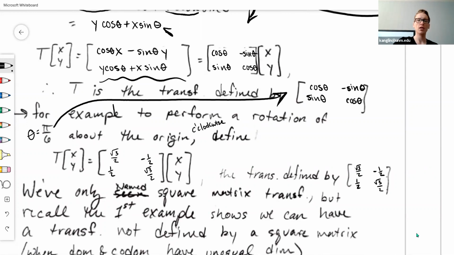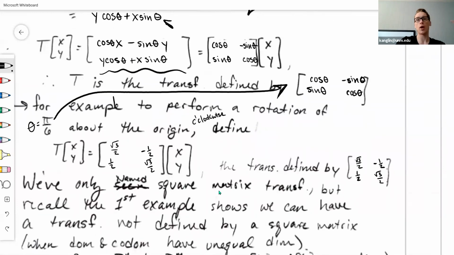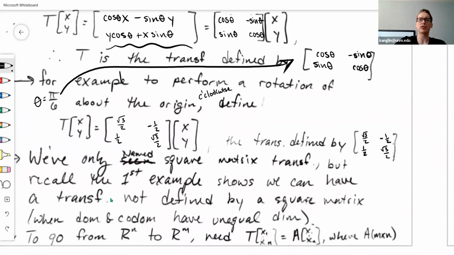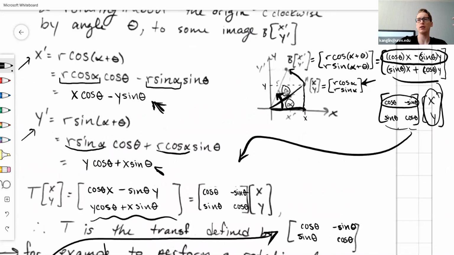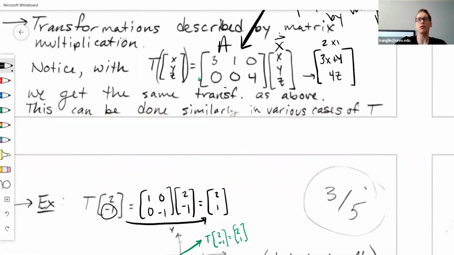Okay. So we've seen quite a few of these. I do want to note here, we've only named square matrix transformations, right? Matrix transformations that can be expressed as multiplication by a square matrix. That's important, the square part. But recall that first example we saw actually shows that we can have a transformation not defined by a square matrix. Let's go back up there. That transformation we started with didn't have a square matrix.